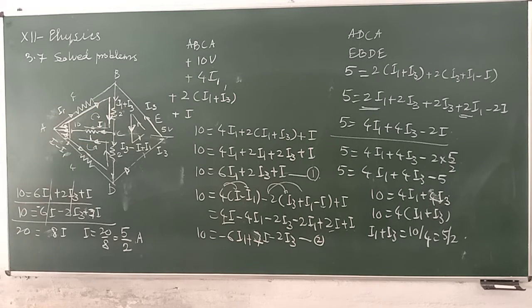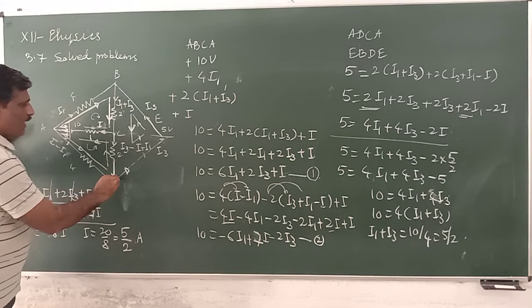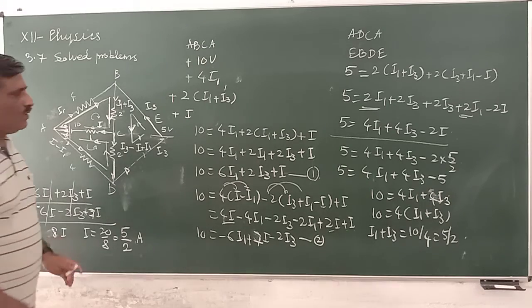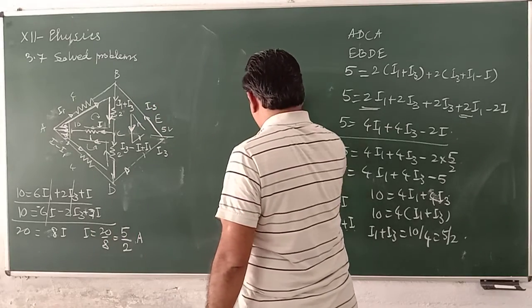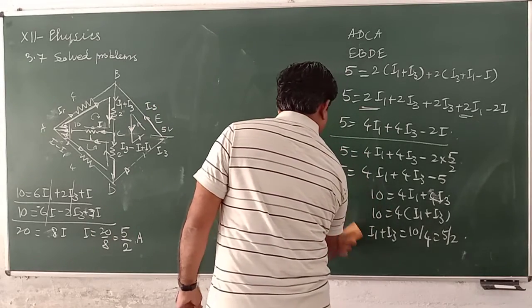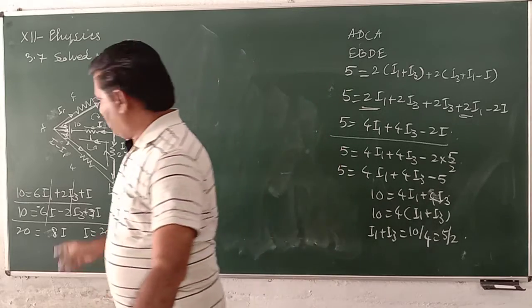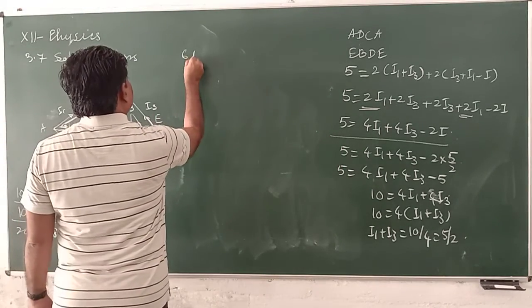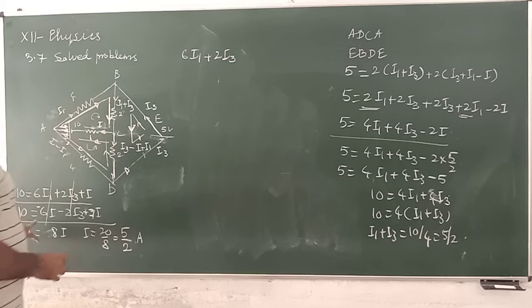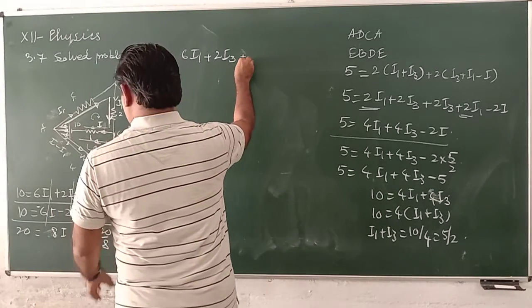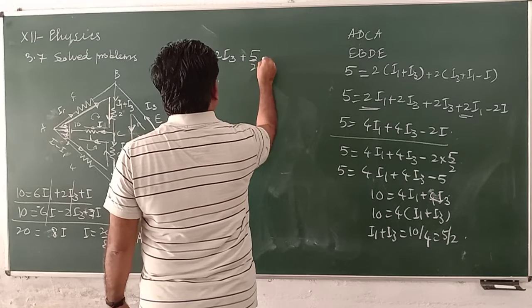We can see this. Now we want to find out I1 and I3. We know this one, so in these equations we can take this one. 6I1 plus 2I3 plus 5 by 2 is equal to 10.